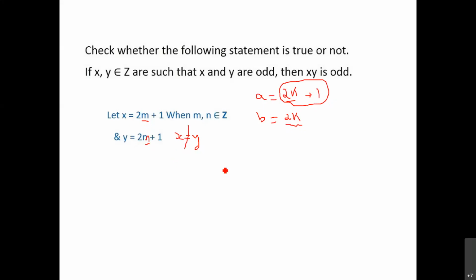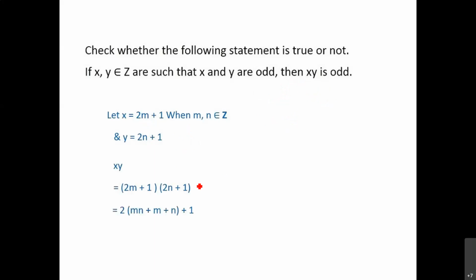Okay, so we defined our x and y, and we assumed they're odd. So now let's see what their multiplication will be. If you just expand it, you get 4mn plus 2m, and so on. You do simple expansion, then you take 2 in common, all of these will be inside the brackets, and you're left with a 1.